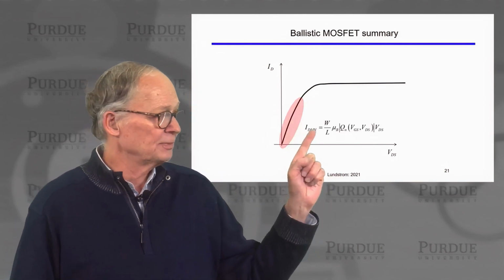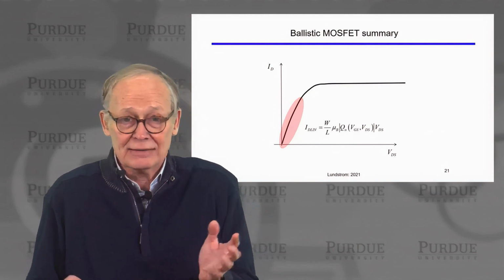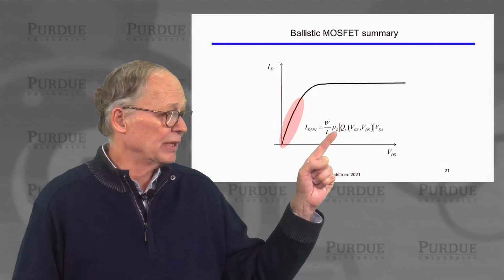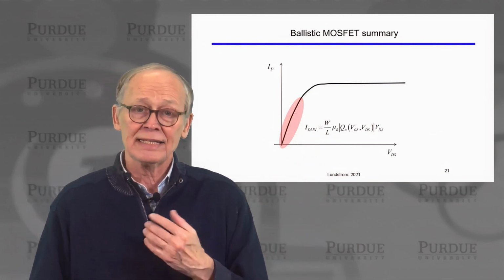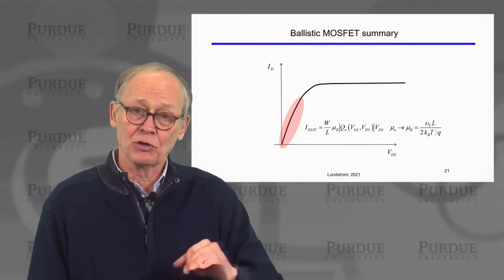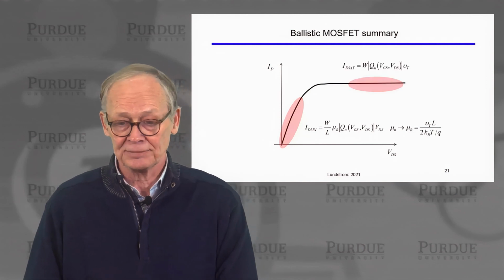In the linear regime, we have a simple expression that looks essentially exactly like the traditional expression, except that we need to use the ballistic mobility instead of the mobility due to scattering. And we have a simple formula for that ballistic mobility, so it's something that we can compute.